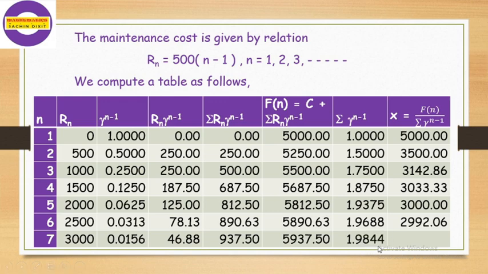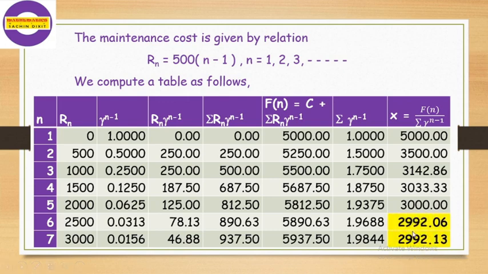Then to find the average cost in the 7th year, we divide this 5937.50 by 1.9844. We get the value 2992.13. Now if we observe, it starts increasing. The average cost starts increasing.